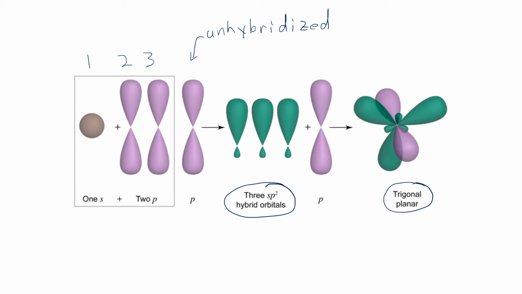The second bond of the double bond will be formed from this unhybridized p orbital, and the first bond in the double bond, the sigma bond, will be formed from one of these hybrid orbitals. But this process of creating sp2 hybrid orbitals gives us a collection of 3 hybrid orbitals plus 1 unhybridized p.